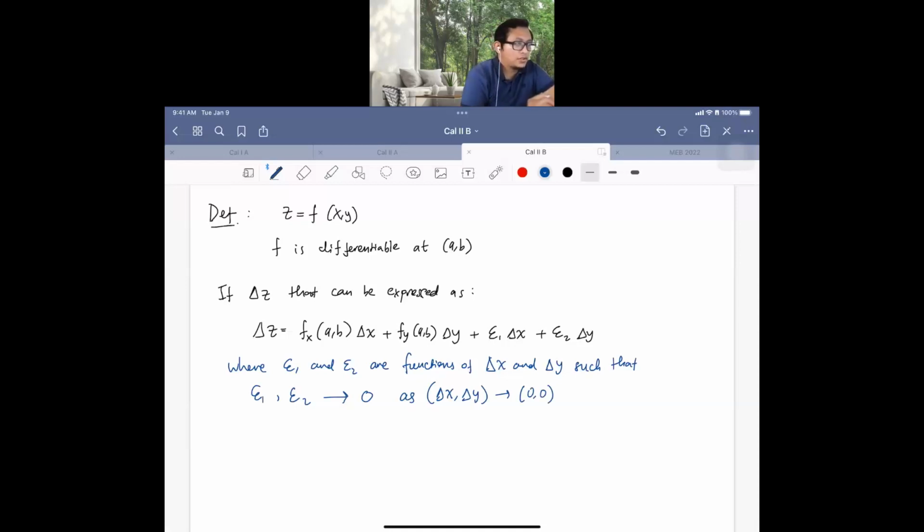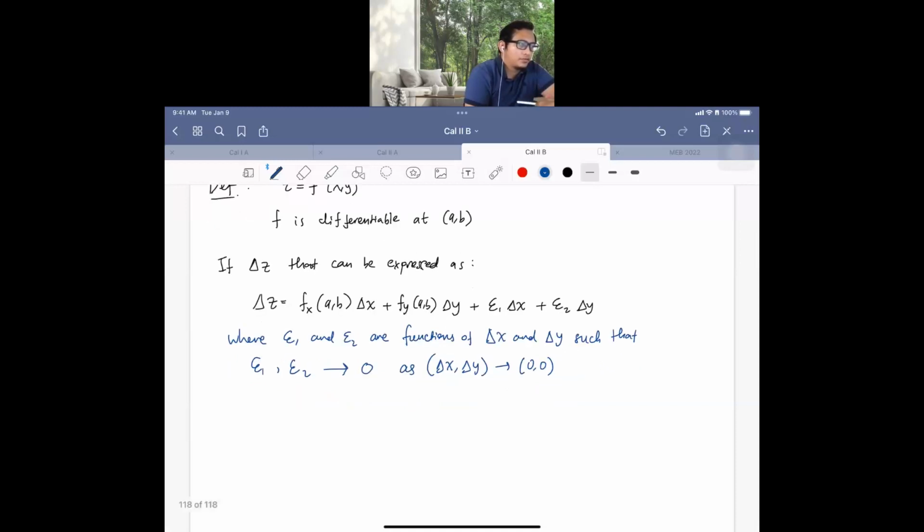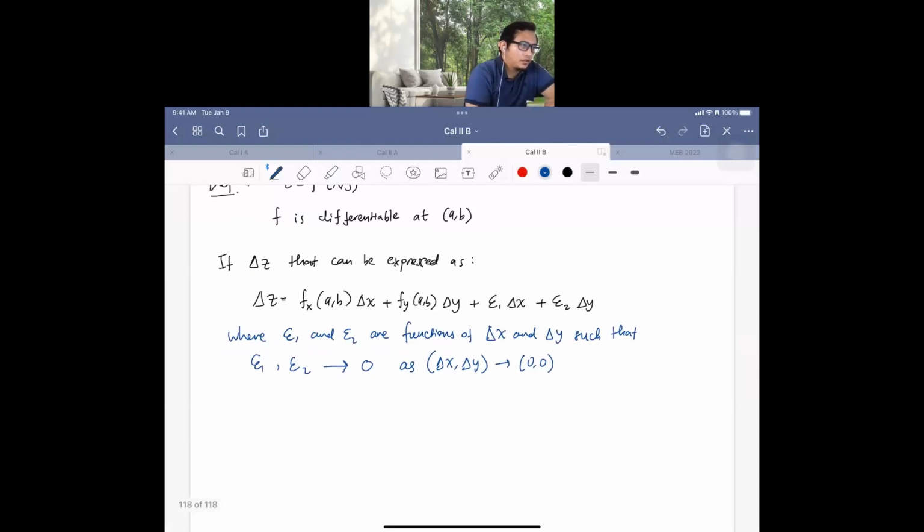So what does this mean? This definition says that for a differentiable function, for example, the linear approximation is good when x, y is near a, b.